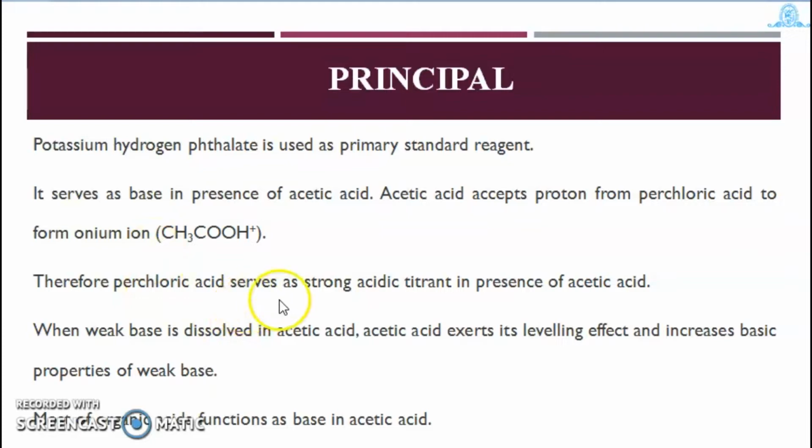Therefore, the perchloric acid serves as a strong acidic titrant in presence of acetic acid. When a weak base is dissolved in acetic acid, acetic acid exerts its leveling effect and increases the basic properties of the weak bases. So most of the organic acids function as a base in acetic acid.